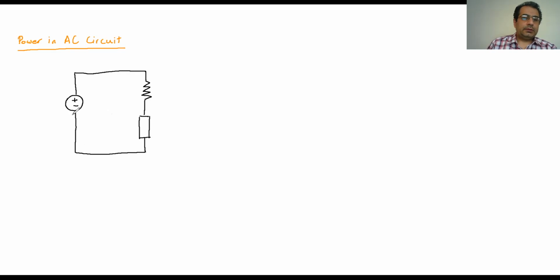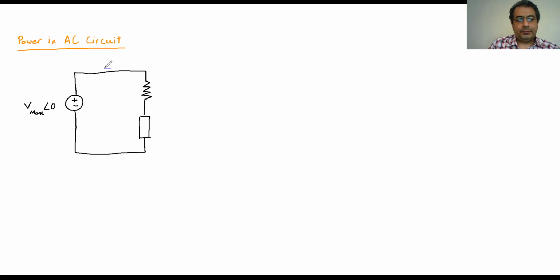Now, if we assume the source that we have, in phasor format, it has a voltage of Vm, or Vmax, with an angle of 0. So it's going to be our Vm. And then we have a current going through this.